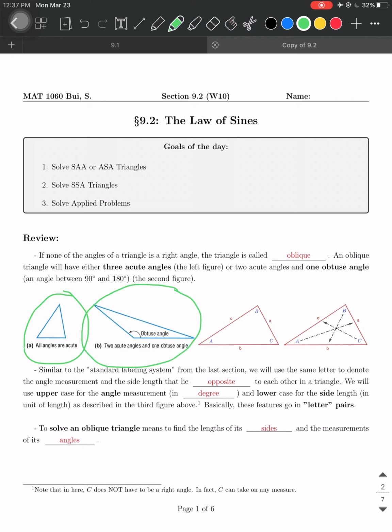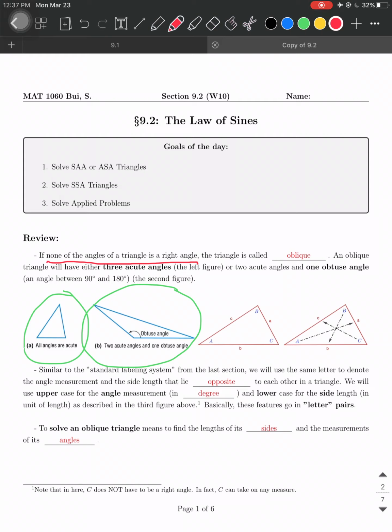Then what are the names for it, right? So in these cases, whenever we don't have a right triangle, we call it an oblique triangle, right? Technically, an oblique triangle means none of the angles are right, okay? So within a triangle, if none of the angles are right, it's an oblique triangle.